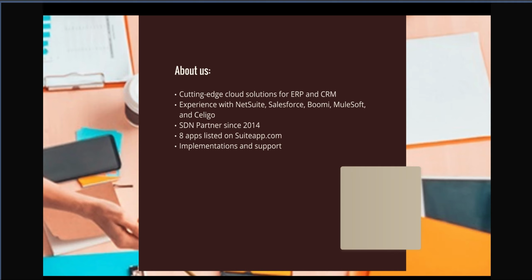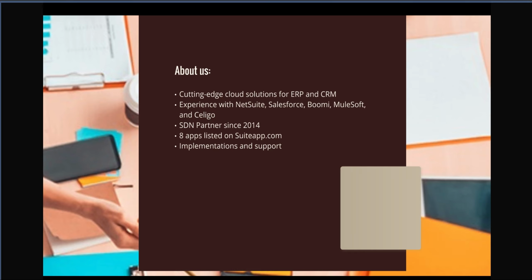Our dynamic team is well versed in technologies such as NetSuite, Salesforce, and also iPaaS solutions like Boomi, MuleSoft, and Celigo. We've been a SuiteCloud Developer Network partner since 2014.